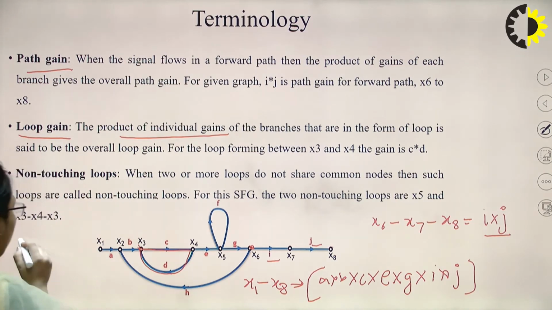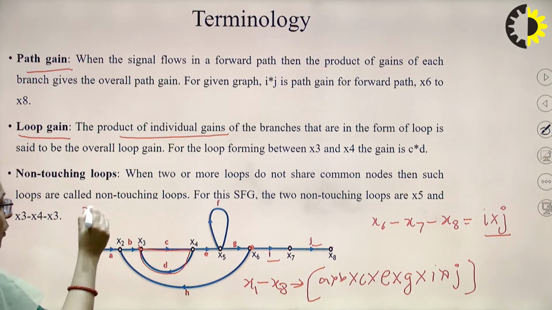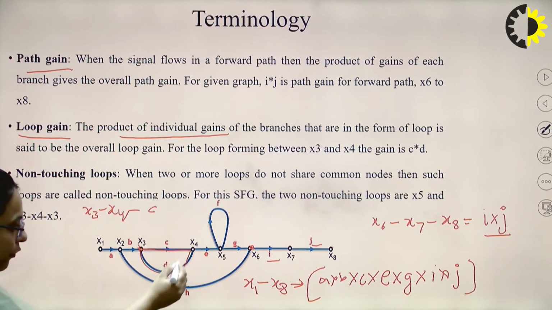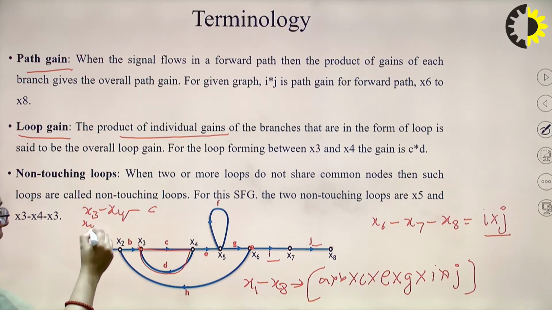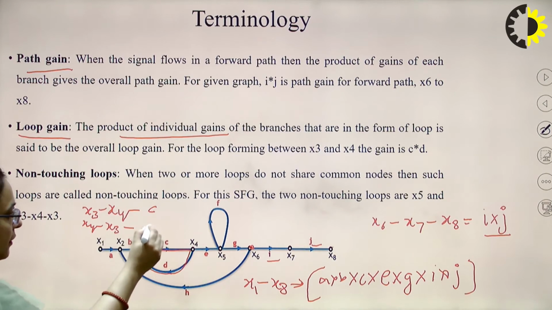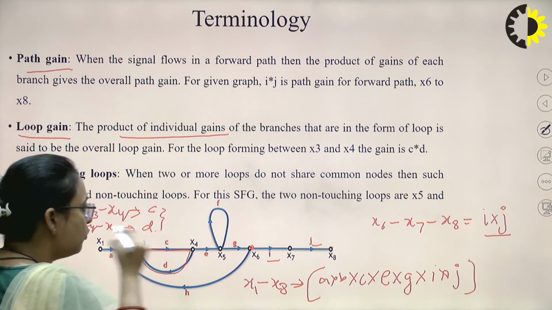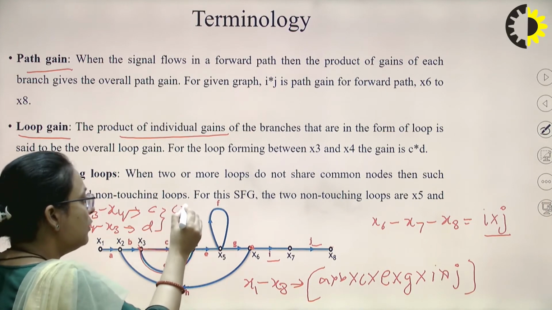From X3 to X4 the gain is C, and from X4 to X3 the gain is D, right? So C into D will be the loop gain.